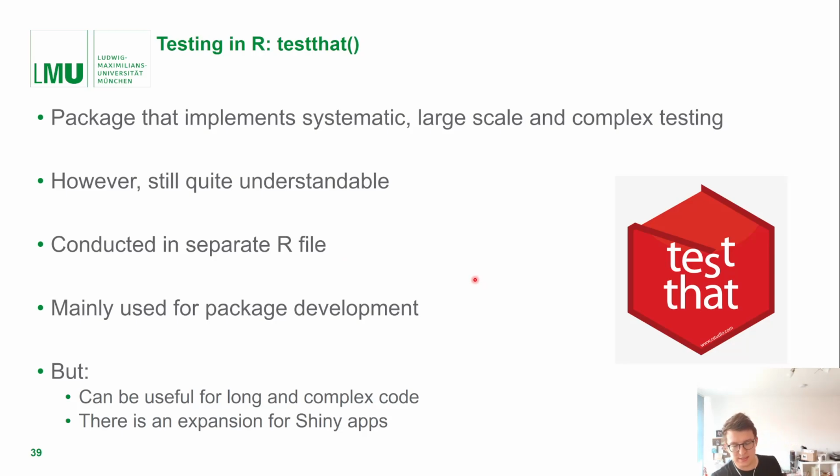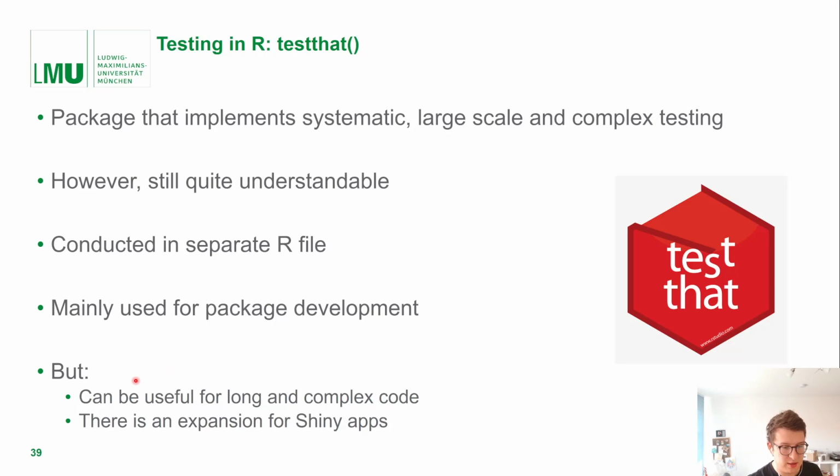Since it takes a little bit of setup, this is because also there the longest code lines are written. I think this is mainly used for package development, but I have to say it can also be useful for very long and complex code that you might write in the future or are already writing.